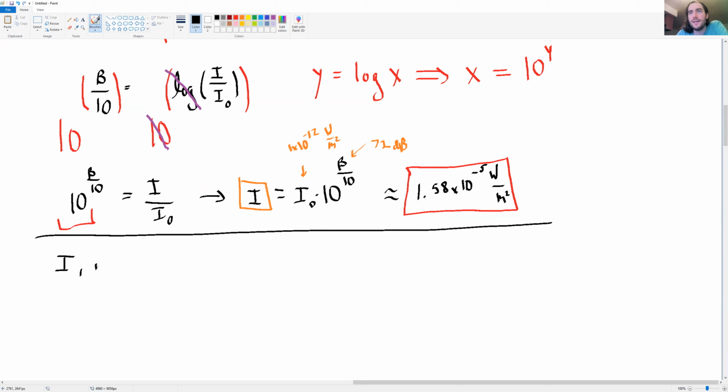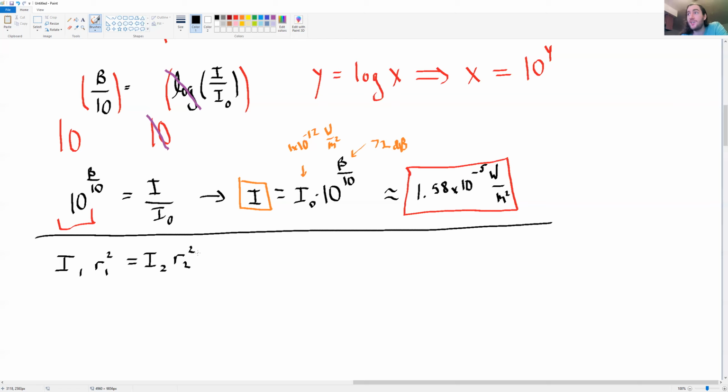So the intensity initially times the distance initially squared is equal to the intensity later, after we move further away, times the second distance squared. We're going to compare the intensities now. That's what we're being asked to do. Actually, that's not what we're being asked. That's what we have to do first in order to get the decibel level.